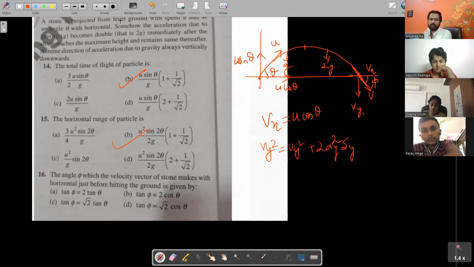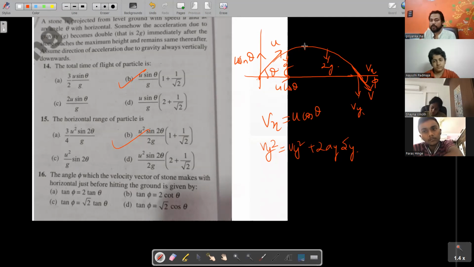Now you cannot apply this formula from here to here because acceleration changes. From here to the maximum point, acceleration is g, but from the maximum point to the ground, acceleration is 2g. So this is not uniform, and if acceleration is not uniform, you cannot apply this formula.